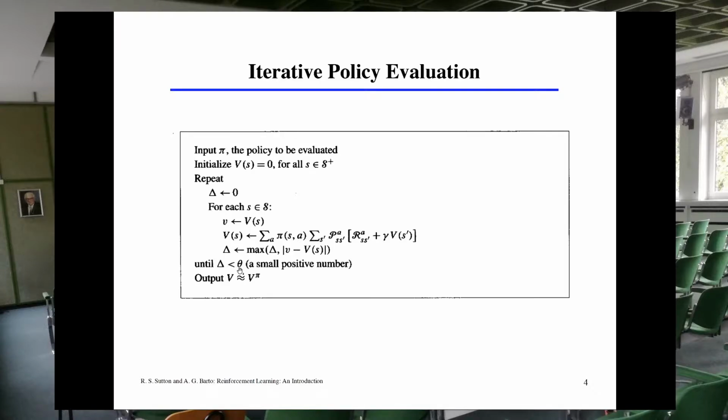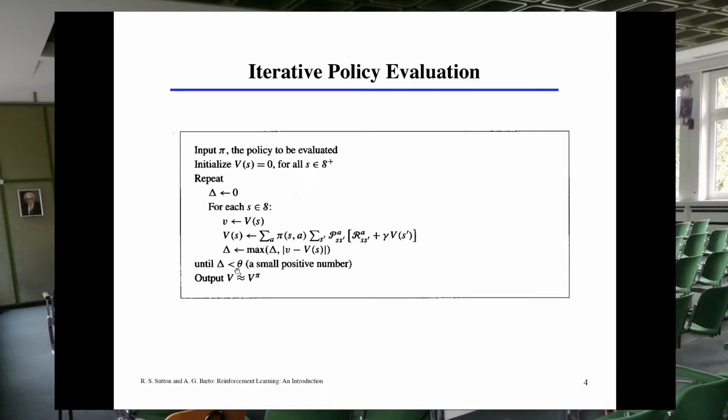Now, how you define this theta in your algorithm is a bit tricky, because it depends very much on the values of the states, and the values depend on the reward function that you are going to use.